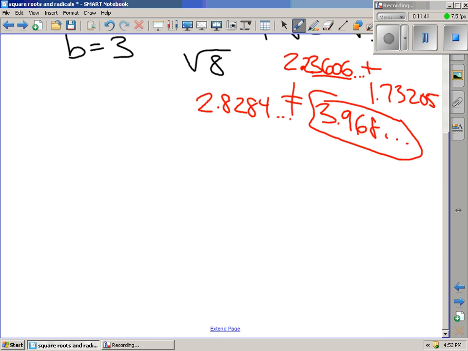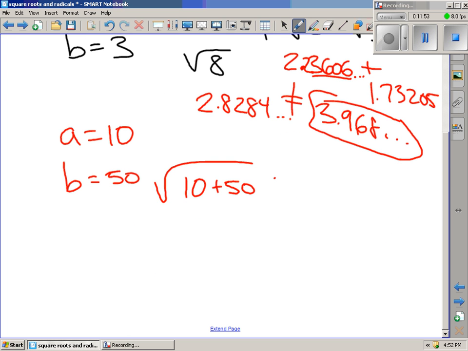So let's say A is 10, and let's say B is 50 this time. So we have the square root of 10 plus 50, and we're going to show that it is not equal to the square root of 10 plus the square root of 50. The square root of 10 plus 50 is the square root of 60.